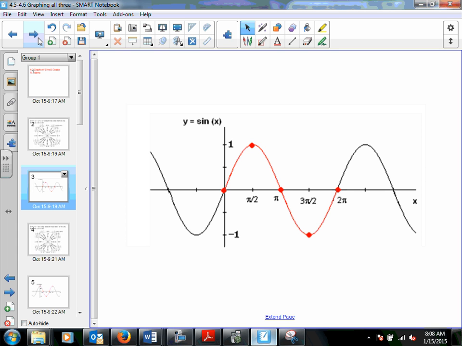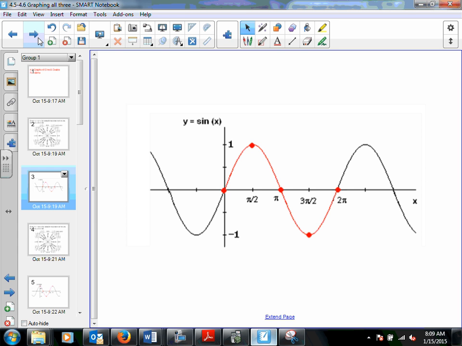And notice how it's kind of an S shape, okay, if you want to think about it. Now, we can keep going around and around and around our unit circle. So this pattern is going to repeat over and over in both the positive and negative directions. Okay, so you notice how this just keeps oscillating.